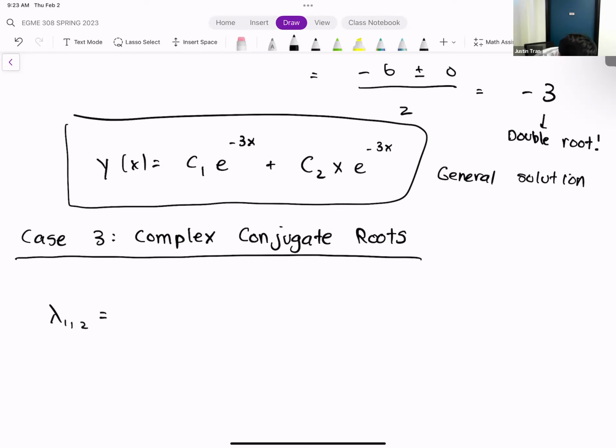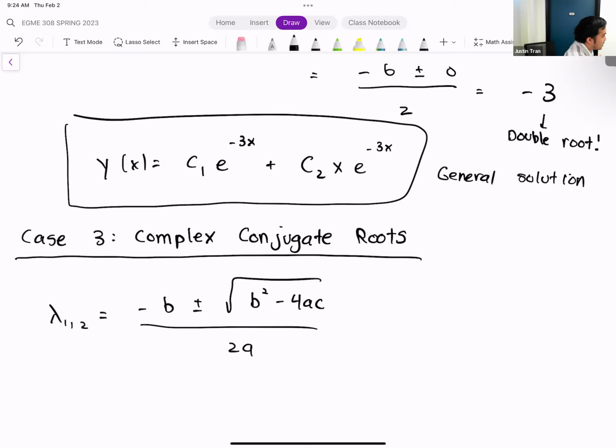The quadratic formula is minus b plus or minus the square root of b squared minus 4ac. Okay. And so you obtain complex conjugate roots when the quantity underneath the radical is negative.